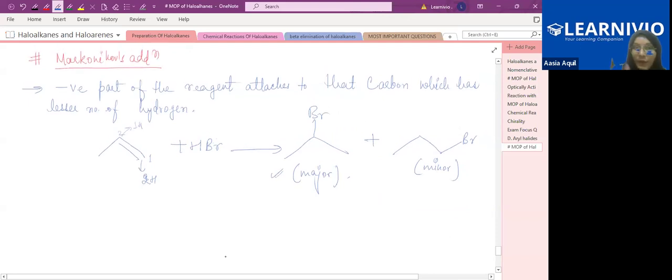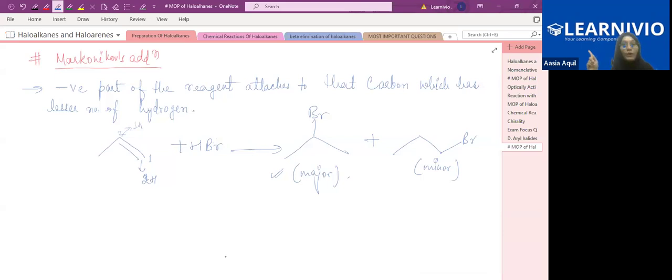Okay, this was the Markovnikov addition rule. The opposite of this is anti-Markovnikov addition. Just very opposite. If you remember this one rule, the other rule you will already know because it's just opposite. Both are equally opposite to each other. In the Markovnikov addition rule, what we have learned is that the negative part of the reagent will attach to that carbon which has less number of hydrogen.